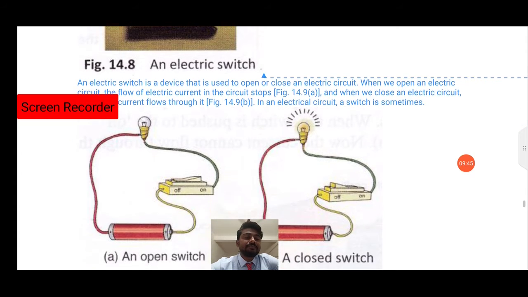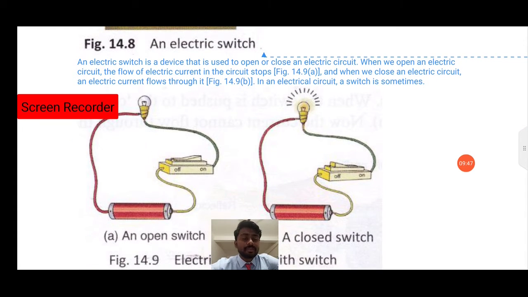See students, an electric switch is a device that is used to open or close an electric circuit.